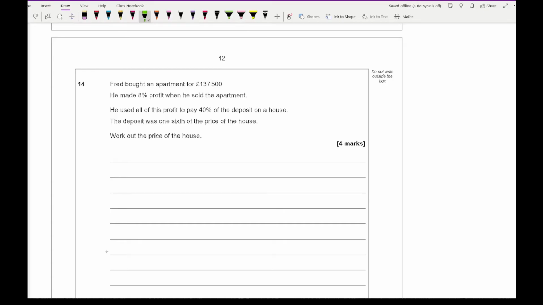So first things first, let's work out how much he sold the apartment for. It's going to be 137,500 times 1.08 for 8% profit, since that's 108%, and that comes up to a total of 148,500.